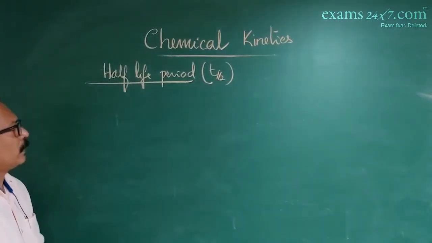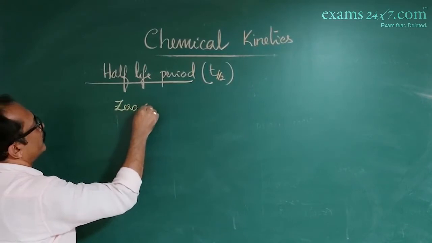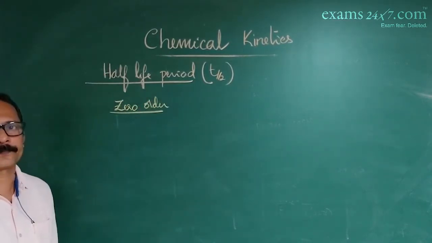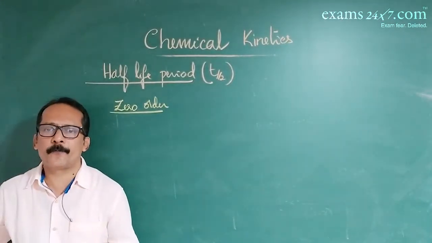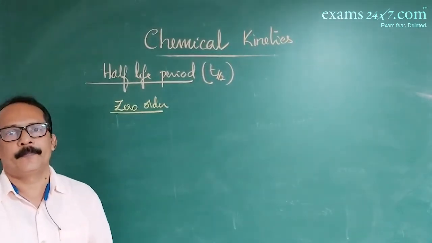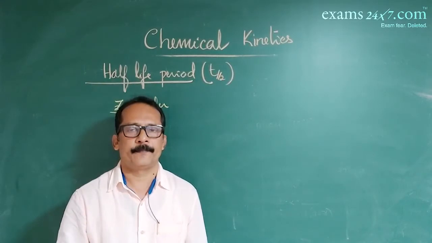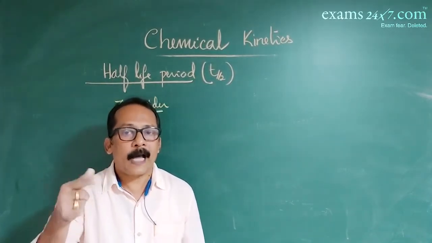For a zero order reaction, the expression for rate constant is K equals R0 minus R by t, or t equals R0 minus R by K. R is R0 by 2.